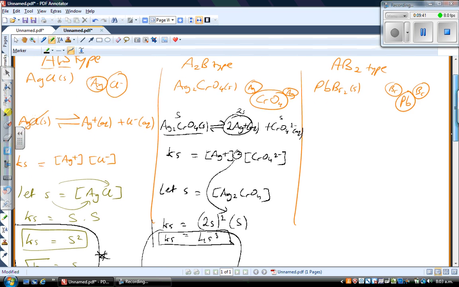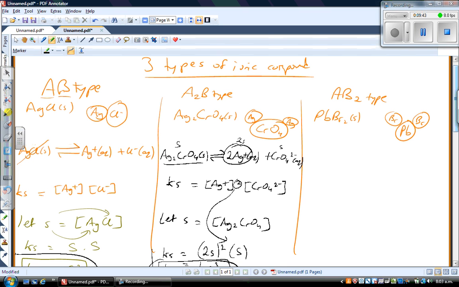It also works out to be the same relationship for an AB2 type, and I'll show you here just to finish. So PbBr2 solid dissociates, and it's going to give you Pb2+ aqueous plus Br-, two of them, aqueous. The Ks expression is going to be the concentration of Pb2+ times the concentration of Br- squared.